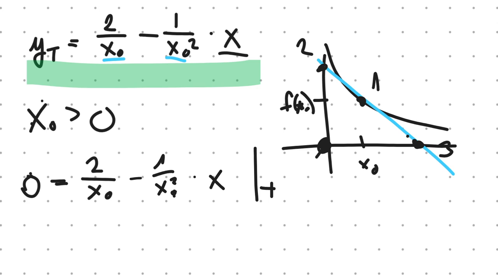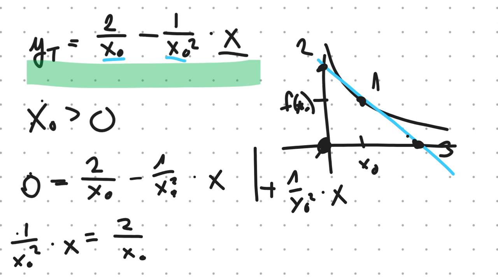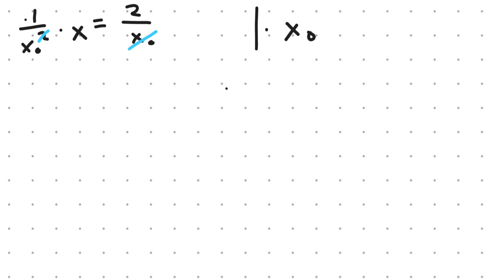We'll add the whole 1 over x0 squared times x, and we'll get 1 over x0 squared times x is equal to 2 over x0. Now this 1 over x0 and the 1 over x0 here is going to cancel, and then we'll just multiply by x0, which would lead us to x being equal to 2 times x0.